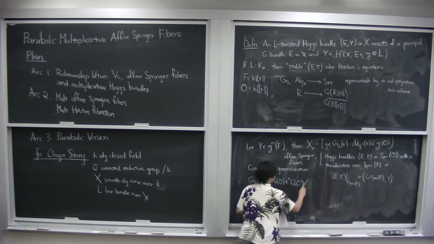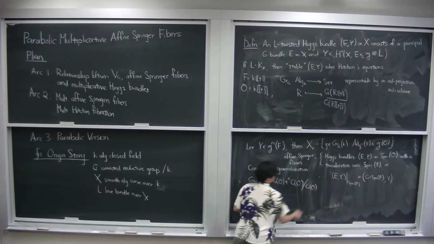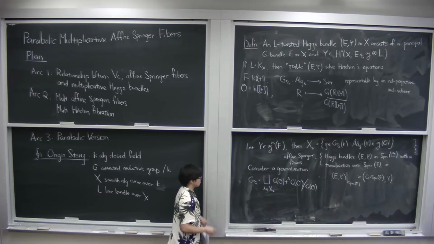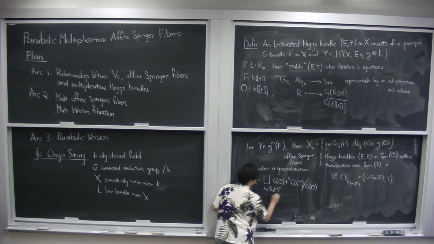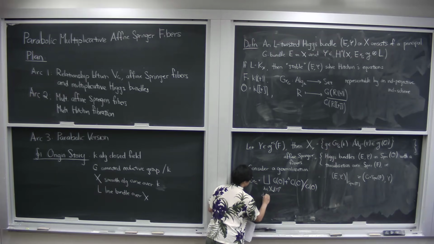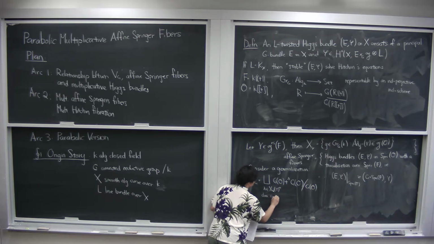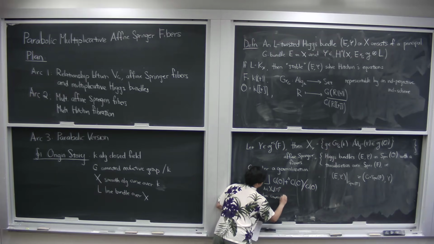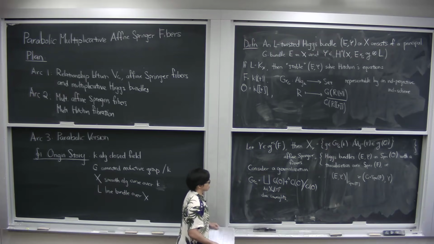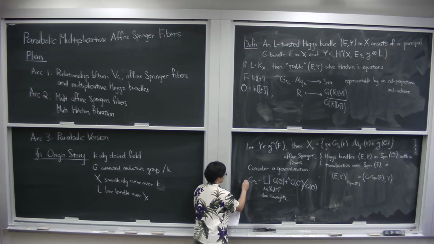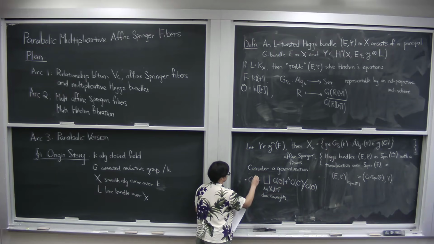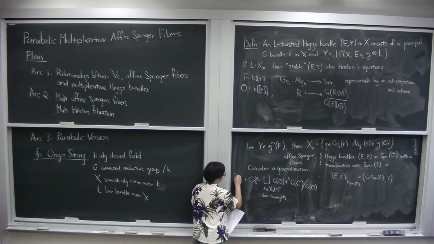Technically, you're doing this. This is my notation for dominant co-weights. If G was a matrix group, this is basically a statement about being able to diagonalize any matrix in G(F), modulo G(O).